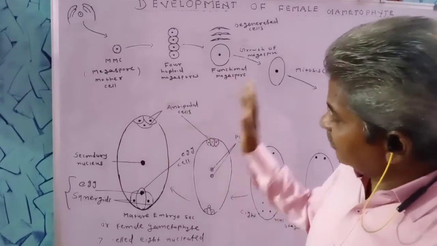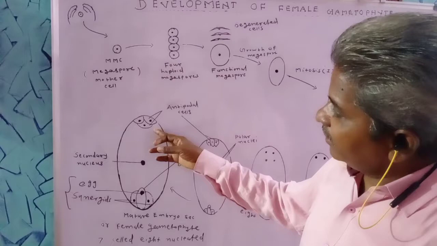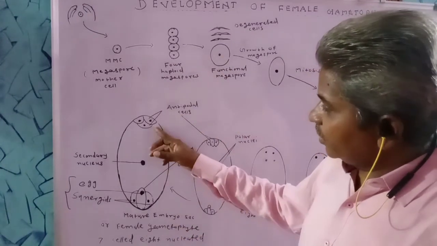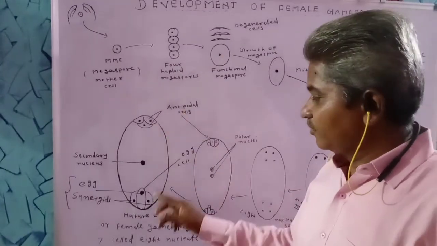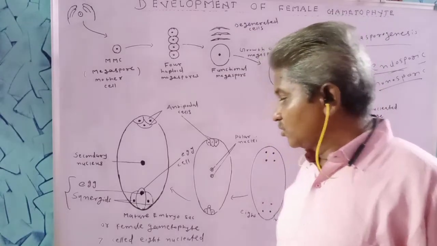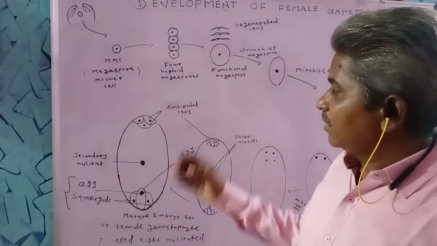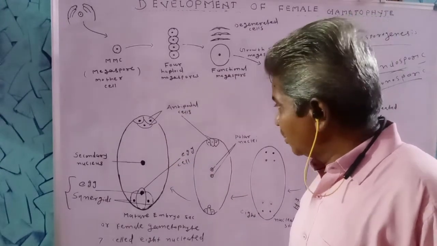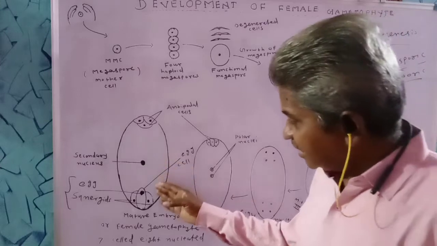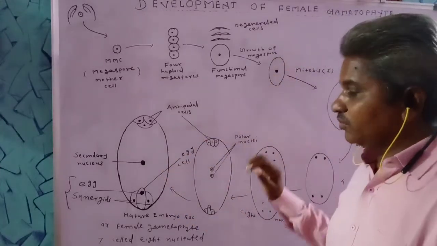So total 7 cells. The functional megaspore itself is 1 cell, and in it there are 6 cells: 3 antipodal cells and 3 cells in the egg apparatus. So 3 cells of the egg apparatus and 3 antipodal cells make 6 cells, and the functional megaspore is another cell.